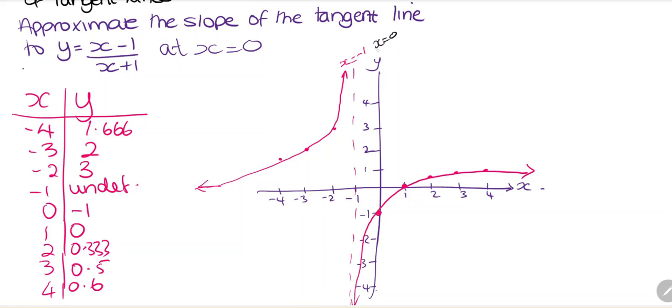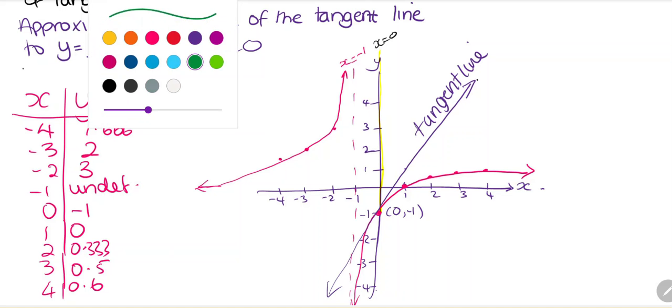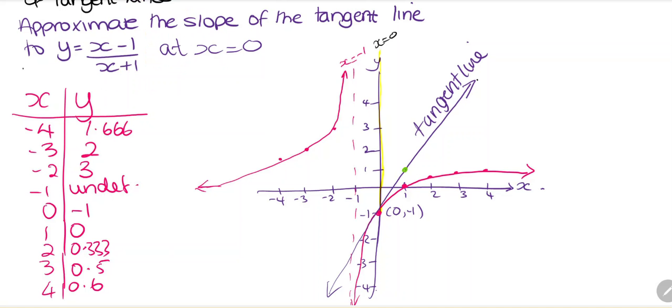This is our line here, at this point, 0, -1. We need to choose a second point that's quite near. I think I have a point roughly around 1, 1. So we can use both of these points.